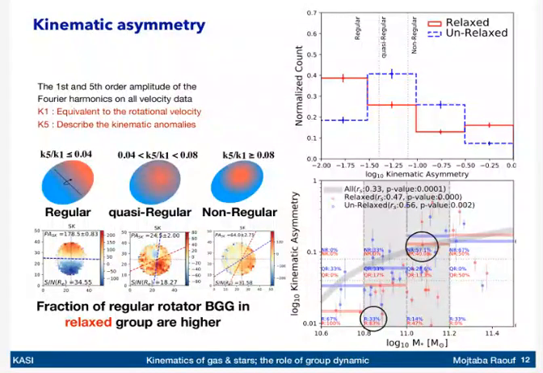And you can see also a higher fraction of the BGGs located in the unrelaxed systems are non-regular in the next bin, 11 to 11.12. So here you can see some of the impact of the dynamical halo states on the kinematic asymmetry of the BGGs, to see whether there's any impact of the mergers on the kinematic asymmetry for such galaxies.